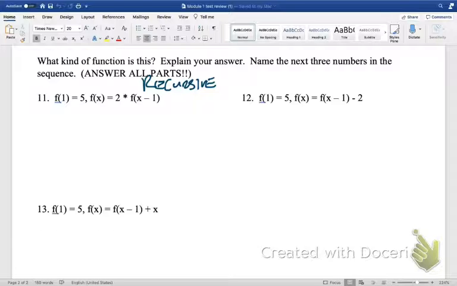Then it's a matter of, is it linear, quadratic, exponential, neither, arithmetic, or geometric? And because we're multiplying by 2 in this case, we know that it is a geometric and exponential.